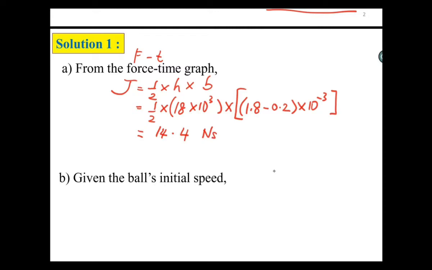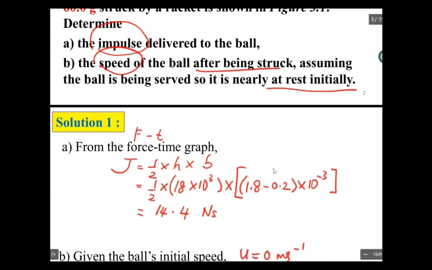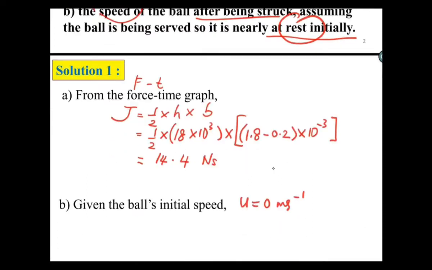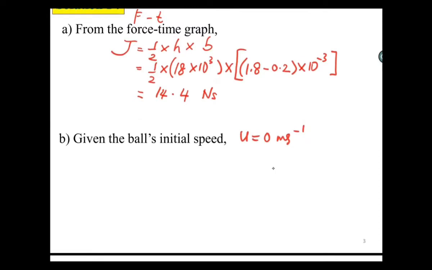Okay, question B. Given the ball initially speed U is equal to 0 ms negative 1. Sebab dia kata keyword kat sini adalah at rest initially. Okay, so U is equal to 0 meter per second. So disuruh cari velocity after, selepas dia menyentuh raket.